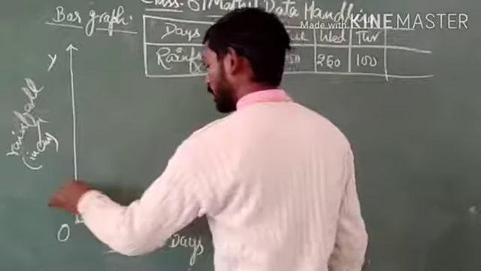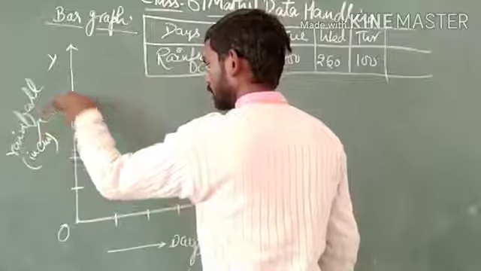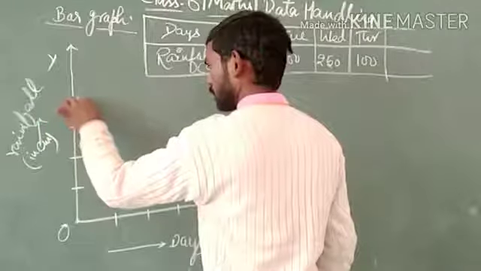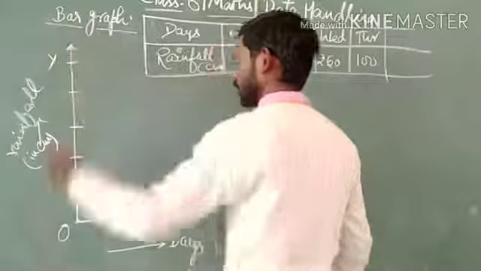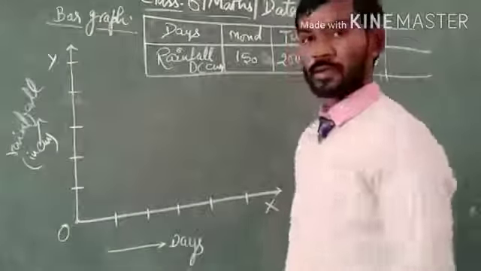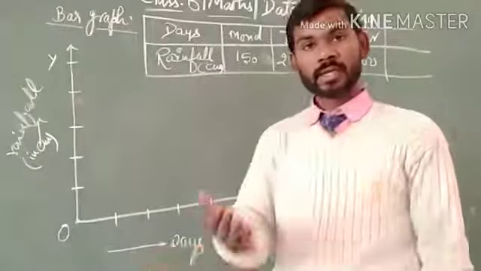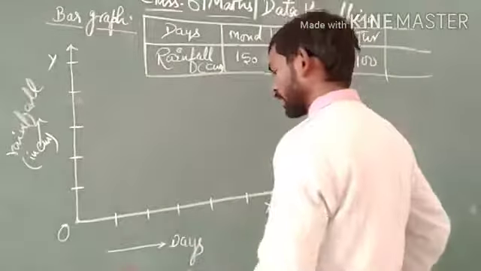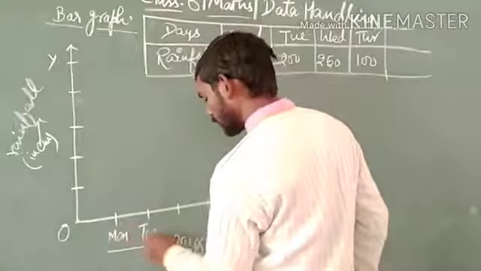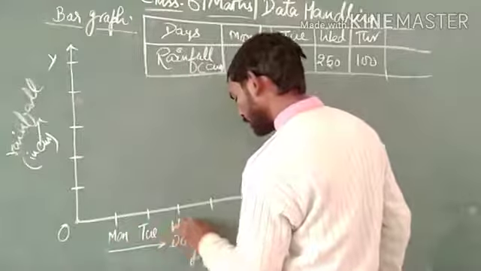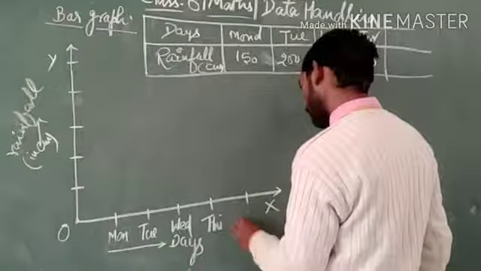Similarly, divide the vertical line. Since on the horizontal line we are representing days, therefore we write Monday, Tuesday, Wednesday, Thursday, and Friday.